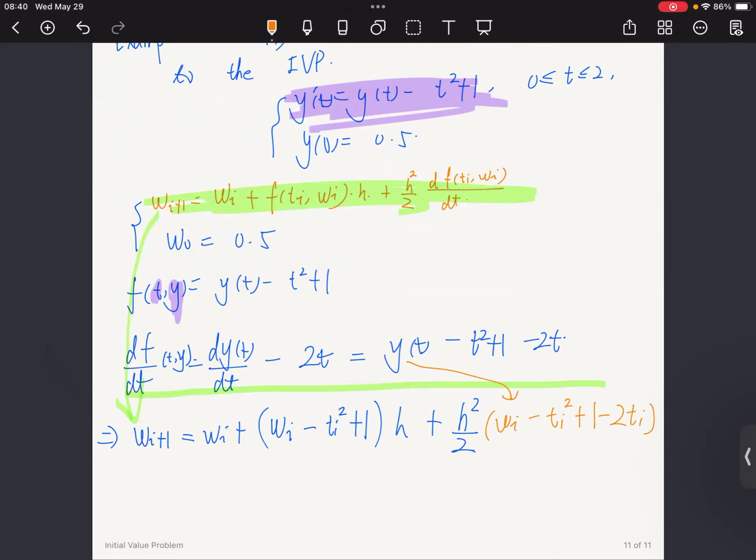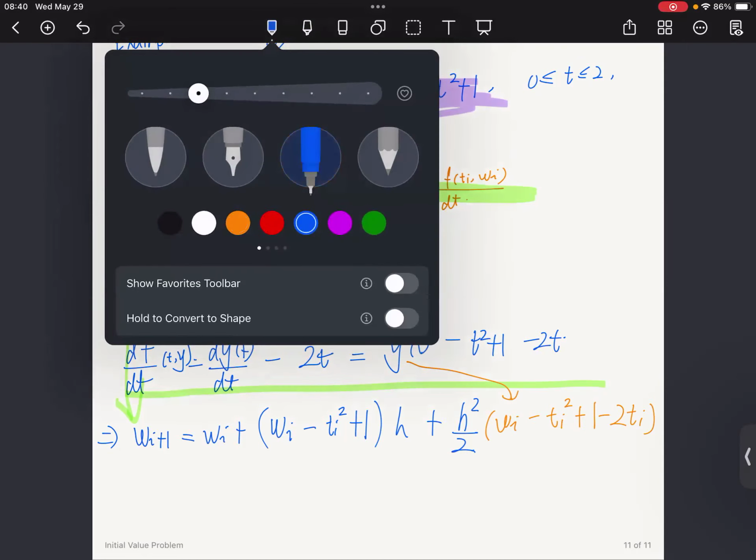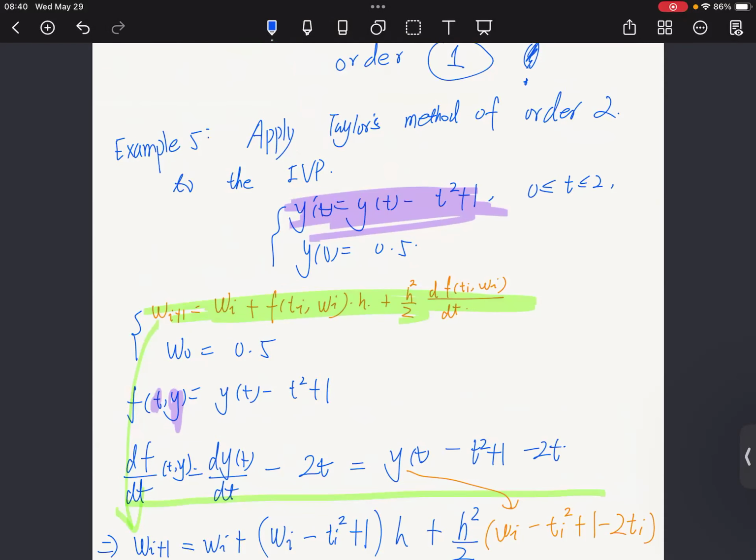to apply Taylor's method. And don't forget that there's one more assumption here. With 10 subintervals, n equals 10, which means that we have 11 nodal points here: t0, t1, t2, and so on to t10.